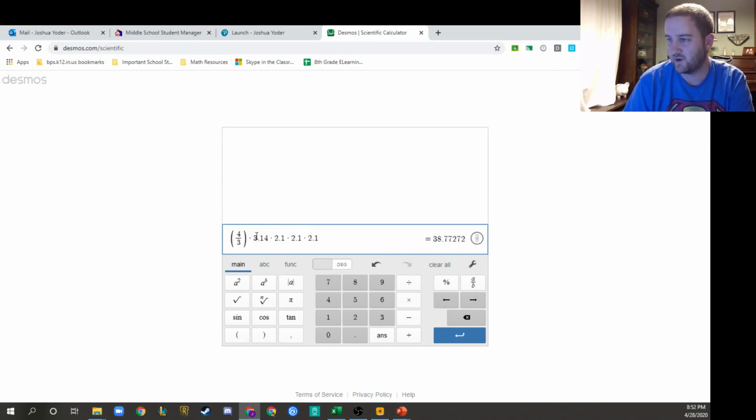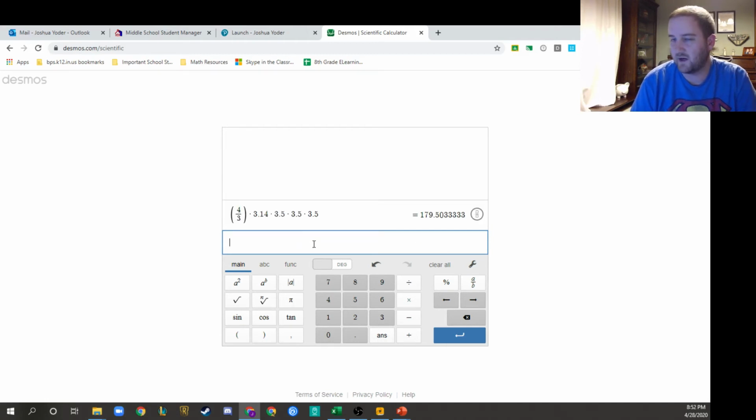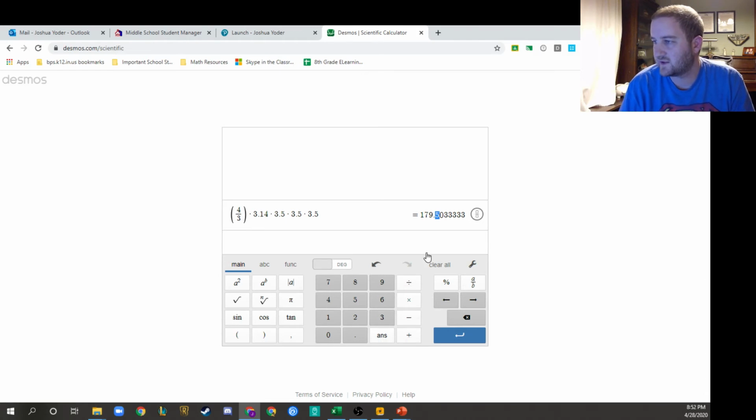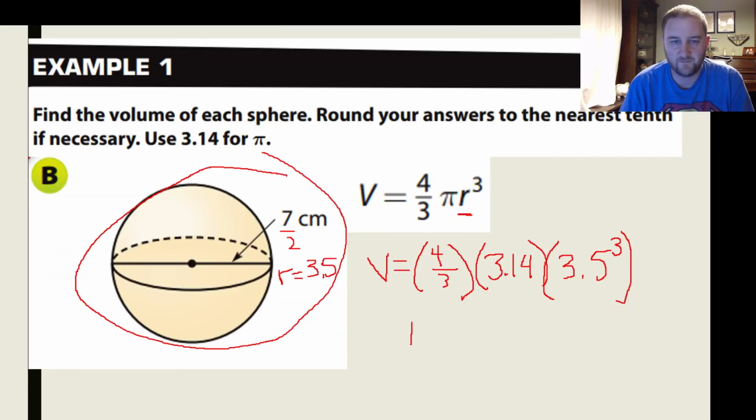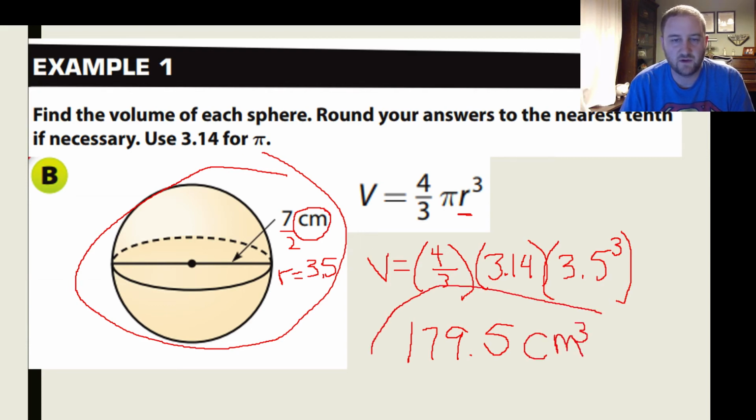So I've got 4/3 times 3.14, and I'm going to change each of these to 3.5 times 3.5 times 3.5. And we get 179.503. Again, we want to round to the nearest tenth, so it's going to be 179.5. And then look at our label. We're dealing with centimeters here, so it's going to be centimeters cubed.